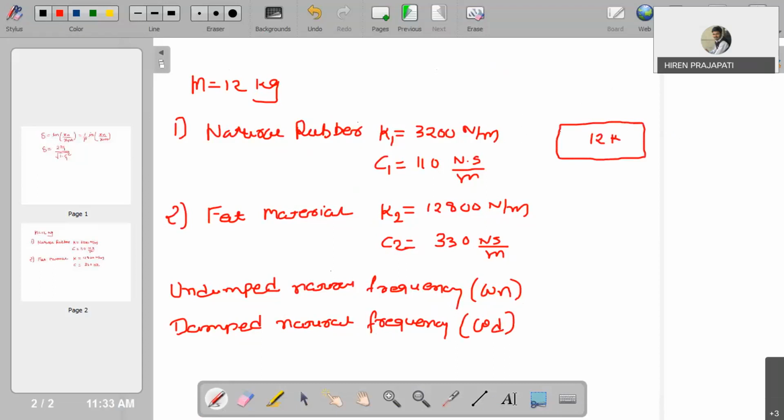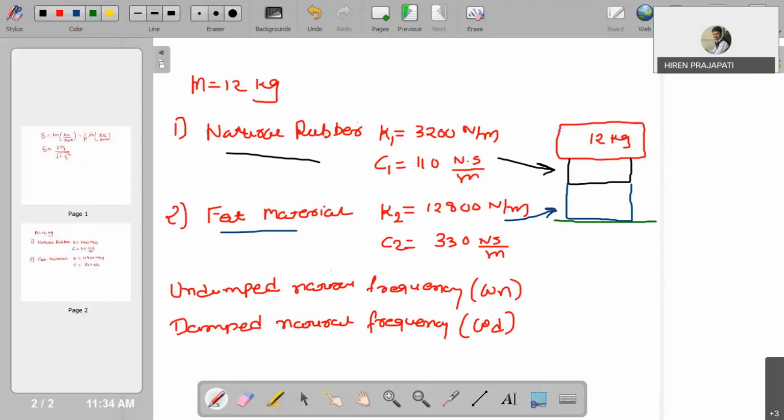This mass is resting on two materials: one is natural rubber, and the second is felt material. The first set of information is for this material, and the second is for that material.